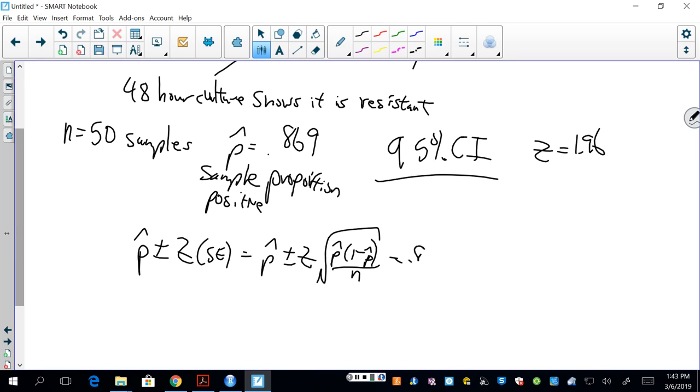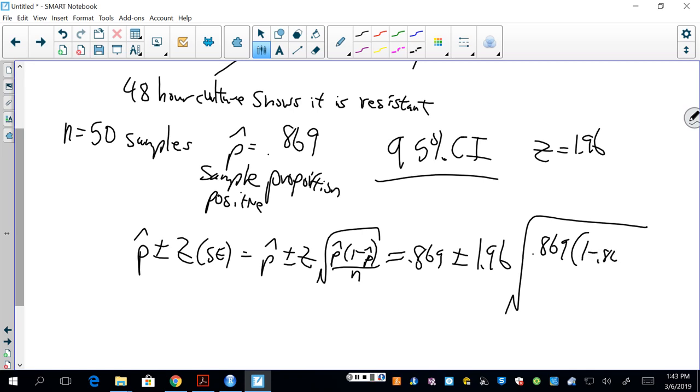So 0.869 plus or minus the 1.96 times the square root of 0.869 times 1 minus that, over our 50.